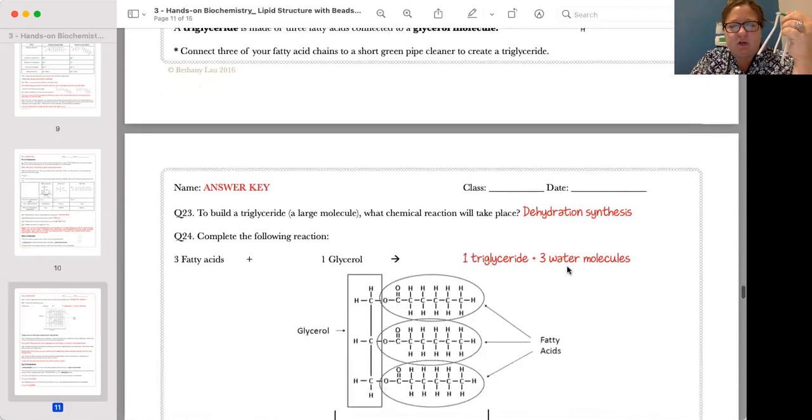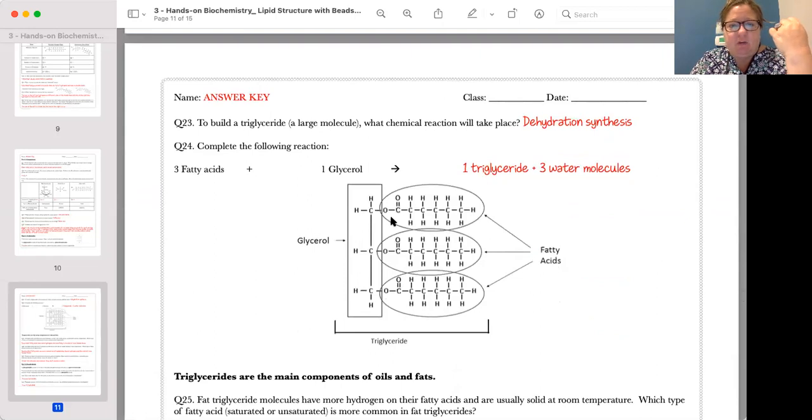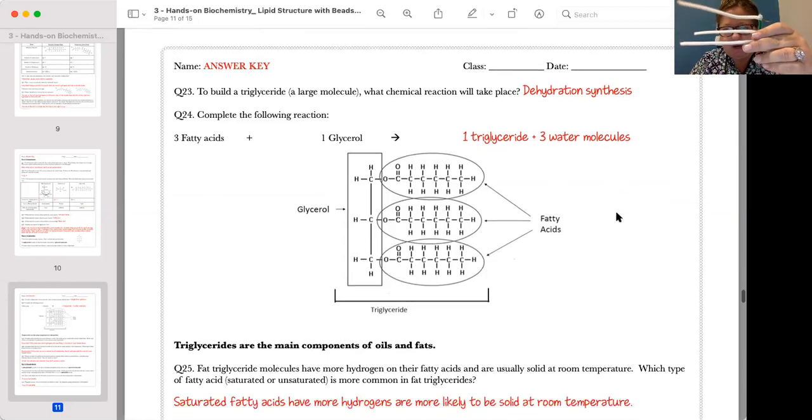To build a triglyceride, again, what are we going to take out? We're going to take out water, only this time we're going to take out 3 waters. So you have your glycerol and your 3 fatty acids. This forms a triglyceride, plus 3 water molecules. Okay, there's your triglyceride.